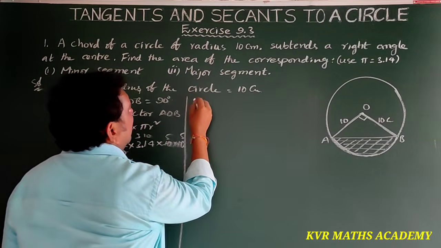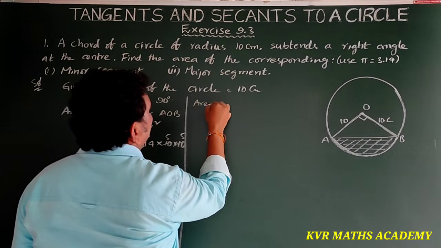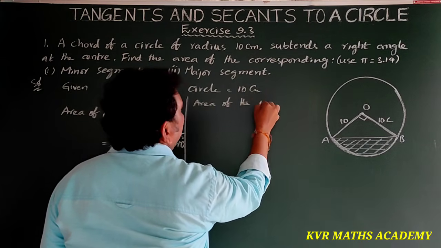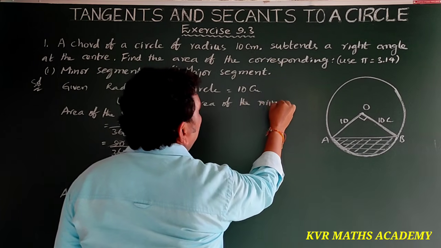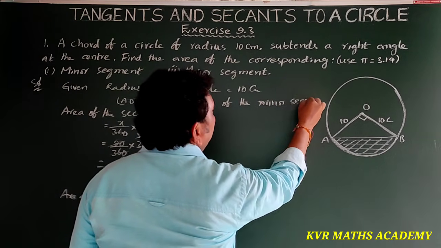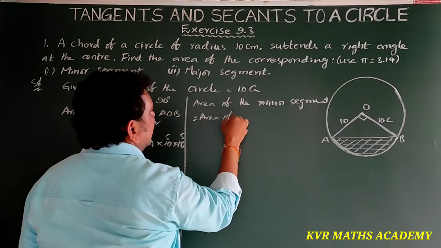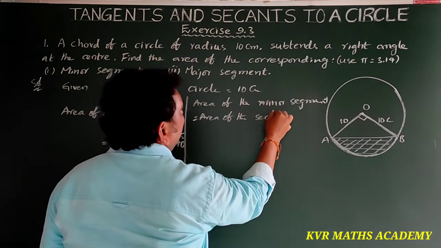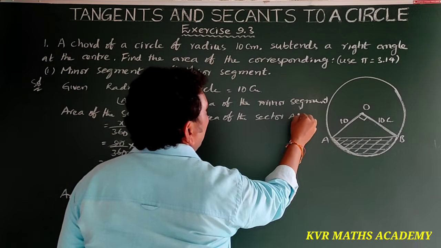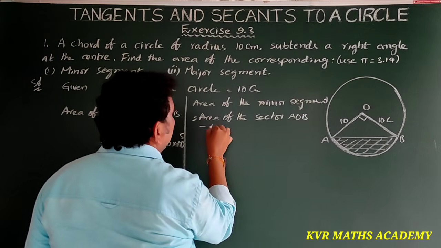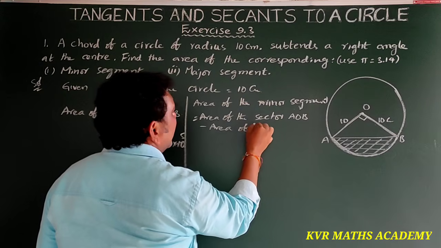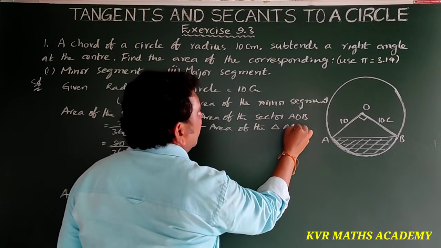So the area of the minor segment is equal to the area of the sector AOB minus the area of the triangle AOB.